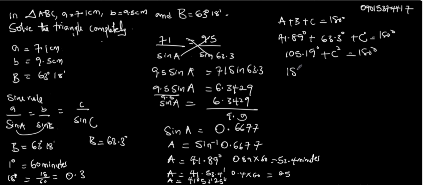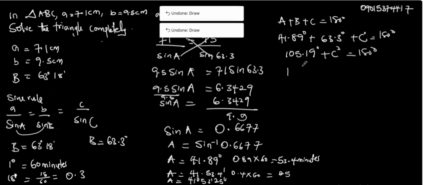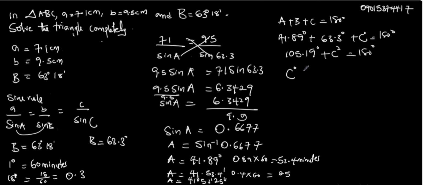So our C degrees will equal 180 degrees minus 105.19 degrees. That our C degrees will equal 74.81 degrees.